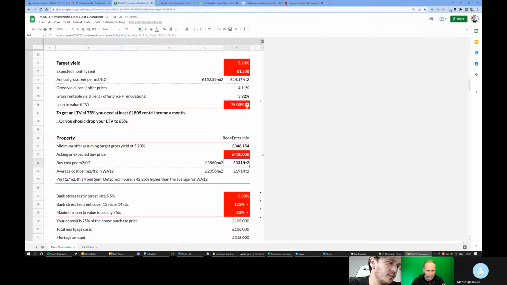All right, and therefore we have a problem right now because we can't get a 75% loan to value at that rent. So we have to go down a little bit. And this is where this starts to be problematic. So in fact, we probably have to get down to say 65%. So I'm just going to go 1,550 because it doesn't really achieve.